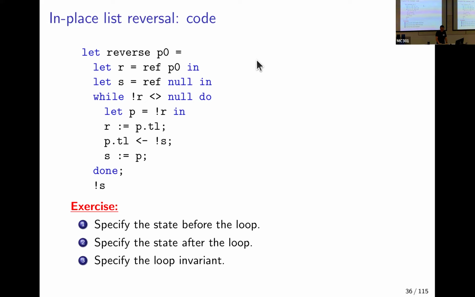So if we want to prove this, the first step is to specify the state before the loop, to specify the state that we want after the loop, and then try to find a loop invariant that combines the two in a more general way.